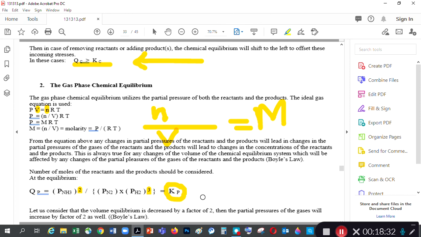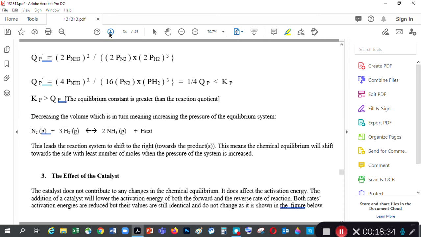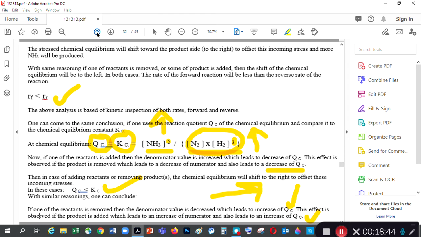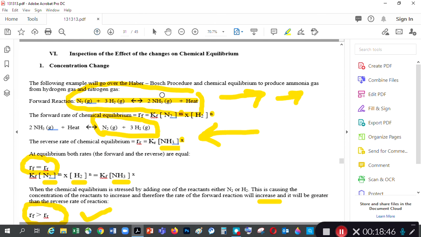So now, let's see what we can expect from this. We know the chemical reaction is in the equation here somewhere. This is what we started with, the Haber-Bosch reaction to produce ammonia, correct?